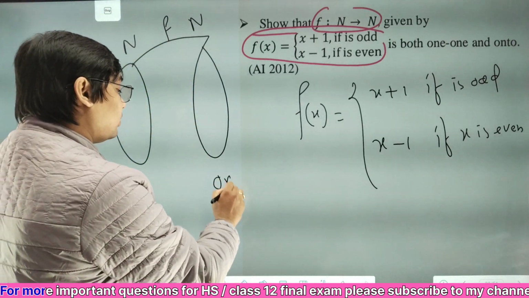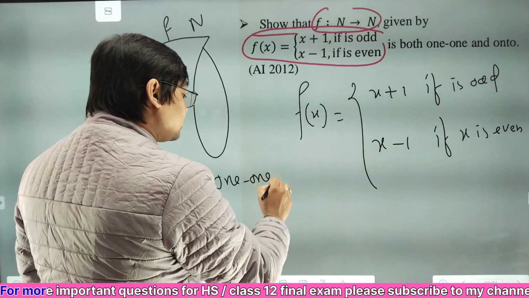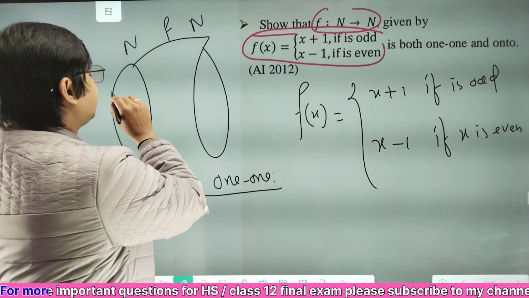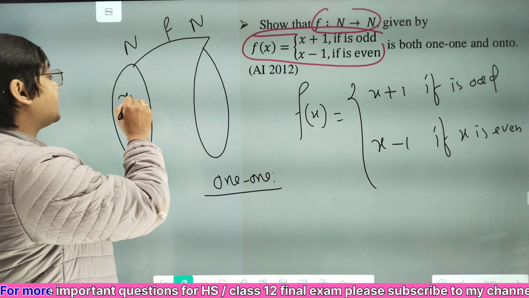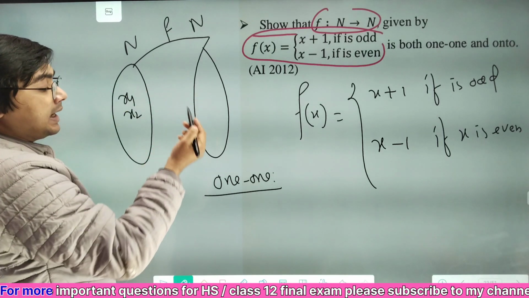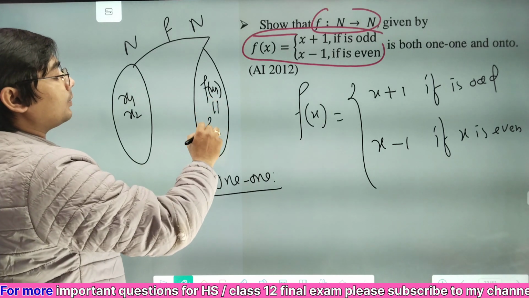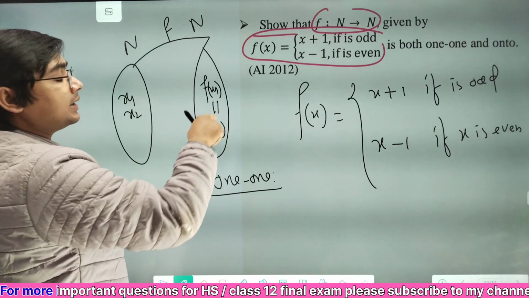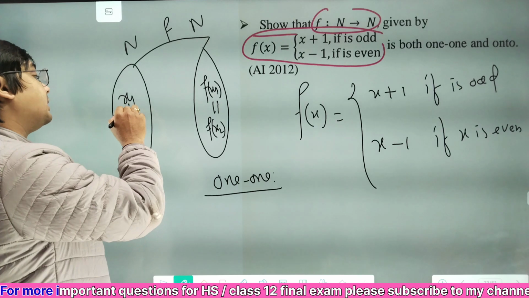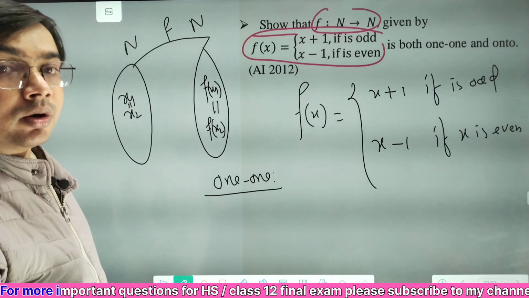So for this one-to-one, what do we do here? For a one-to-one function, we consider two elements, suppose x1 and x2, such that their images f of x1 and f of x2 are equal, and we need to verify whether they are equal or not.